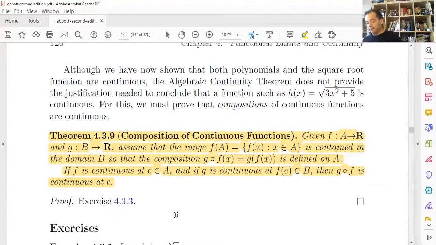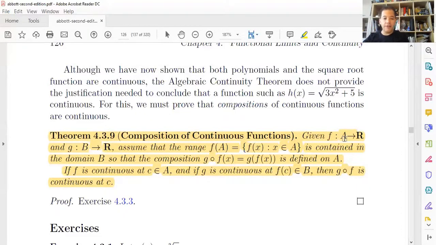Okay, so what is this theorem? Well, it's about composition of functions. Last class, we saw that the sum of continuous functions is continuous, the product of continuous functions is continuous, the quotient is continuous as long as you don't divide by 0 in that domain. All of that happened. So this is the additional one we need, and this one is for composition of functions. I'll show you a picture in just a moment.